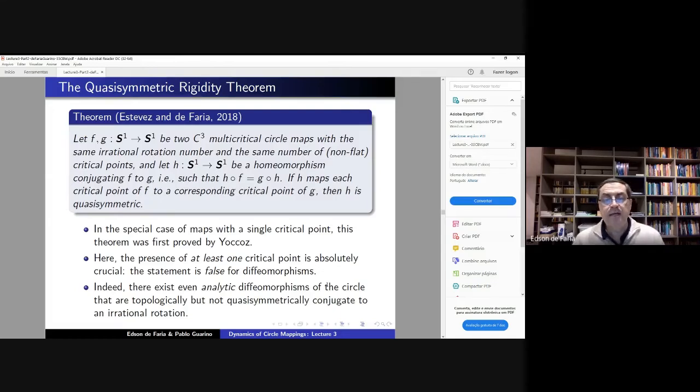We constructed analytic diffeomorphisms which are not C1 conjugate to the corresponding rotation, even though they are analytic. And I stated, though I didn't prove, that Arnold showed there are examples in which the conjugacy is not absolutely continuous. It's singular with respect to Lebesgue measure.